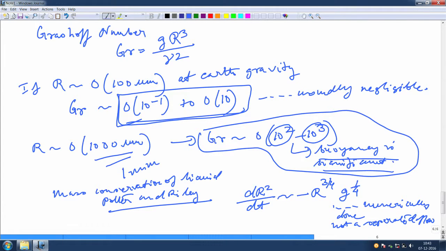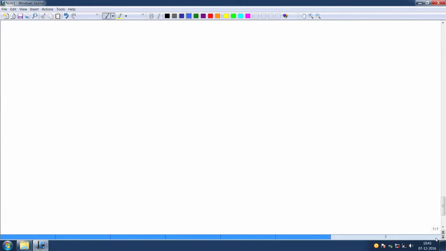That is the variation that they got, the variation of R square of the droplet, basically the reduction in area of the droplet, where R square is more like area, right, of the droplet. That is the variation that they found.